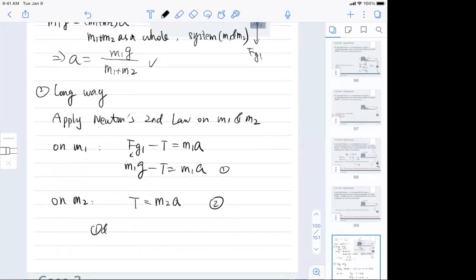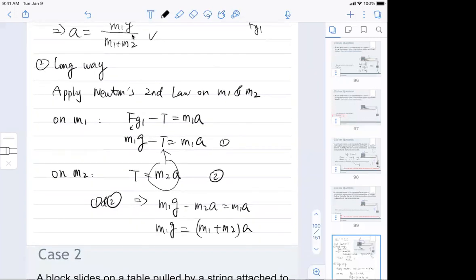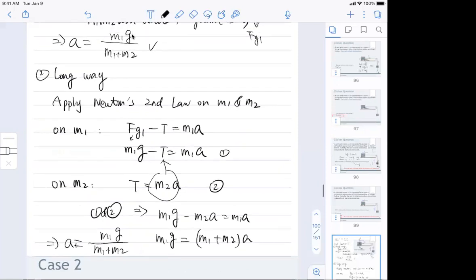You can combine them and plug in tension: M1G minus M2A equals M1A. So M1G is equal to M1 plus M2 times acceleration, and again acceleration is equal to M1G over M1 plus M2. It's the same result as I got previously; this and this are the same.